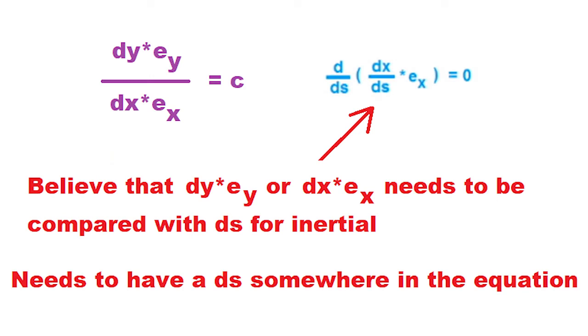Comparing these, I think for an equation to be a true inertial type 1 geodesic, the equation has to compare dy times ey with ds, or dx times ex with ds. I don't think it works to compare dy times ey with dx times ex for some reason. This is actually pretty shocking to me.